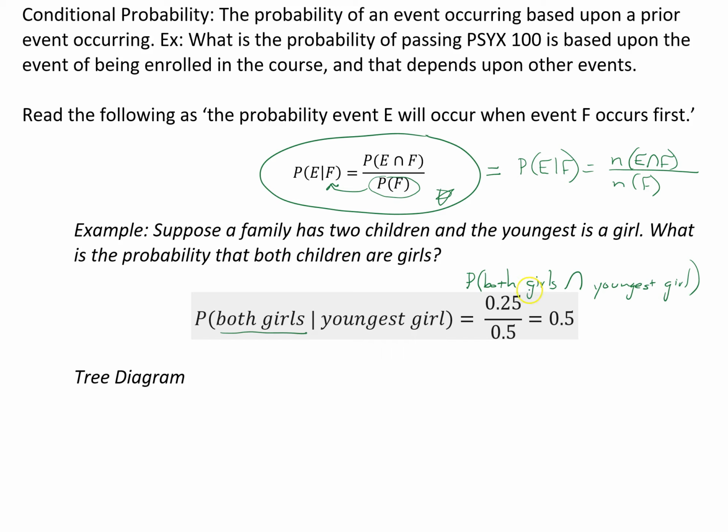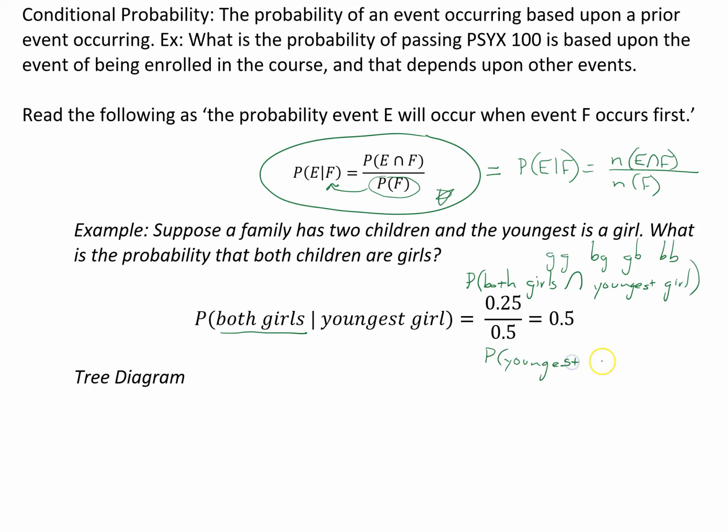The only way that both are girls and the youngest is a girl is if you have girl-girl. And thinking back to all the situations for how a couple could have 2 children, you could have girl-girl, boy-girl, girl-boy, or boy-boy. So we know the probability of both being girls and also the youngest being a girl is 0.25. The denominator is the probability of the youngest being a girl.